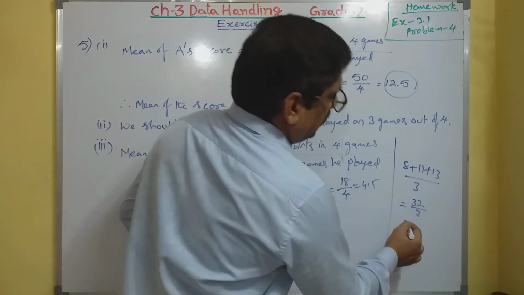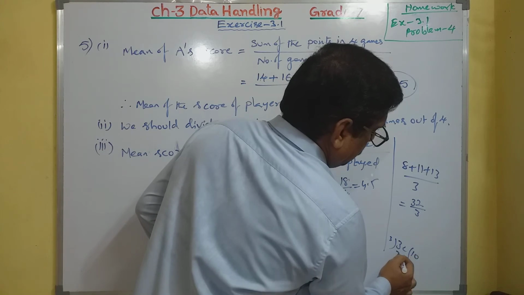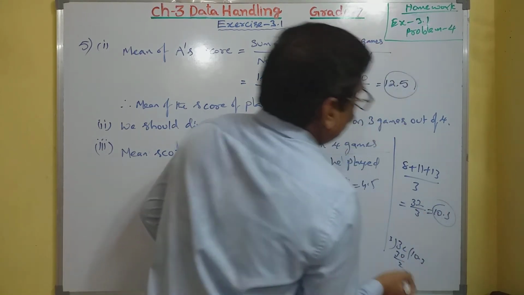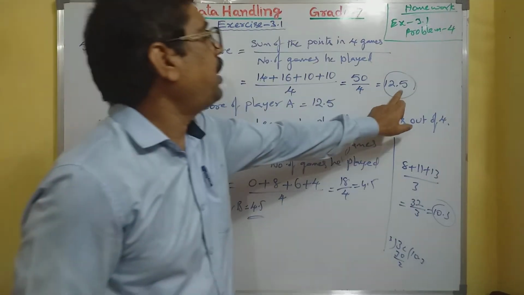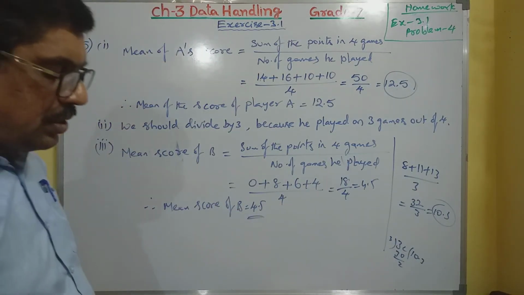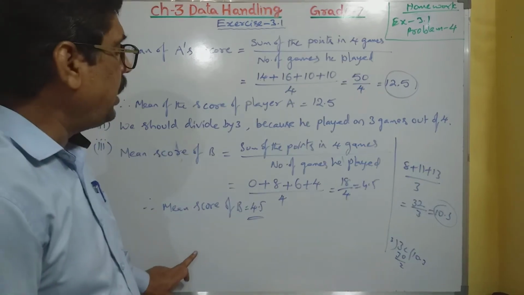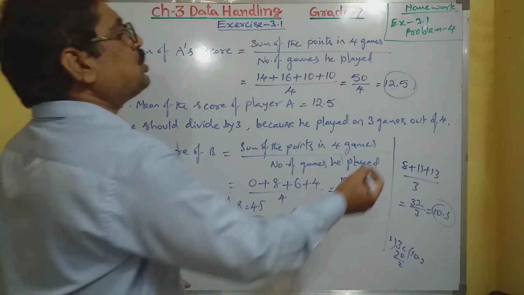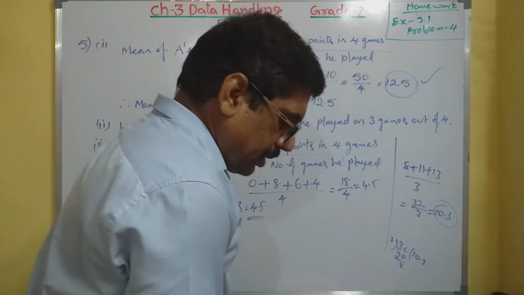Okay, 32 by 3 means approximately 10.3. So observe the mean score of A is 12.5, B is 4.5, and C is 10.3. So A is the best player among all the 3 players.